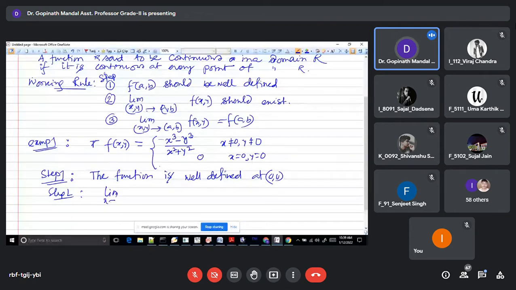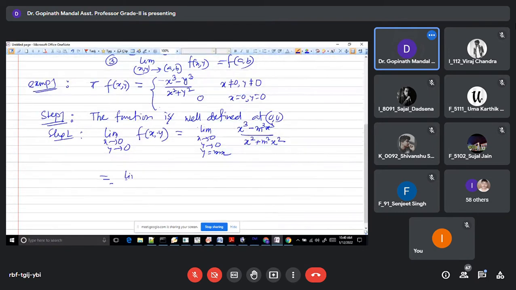And step 2, to find the limit as x tends to 0 and y tends to 0 of f(x,y), put y equal to mx. Then this will be the limit as x tends to 0, y tends to 0, and y equal to mx. So this will be (x cube minus m cube x cube) by (x square plus m square x square).